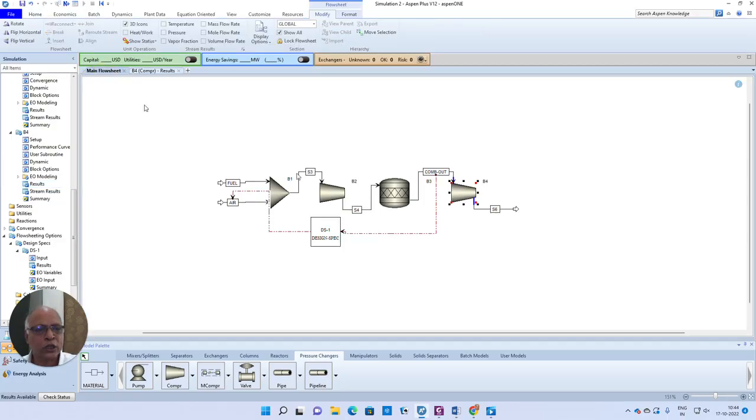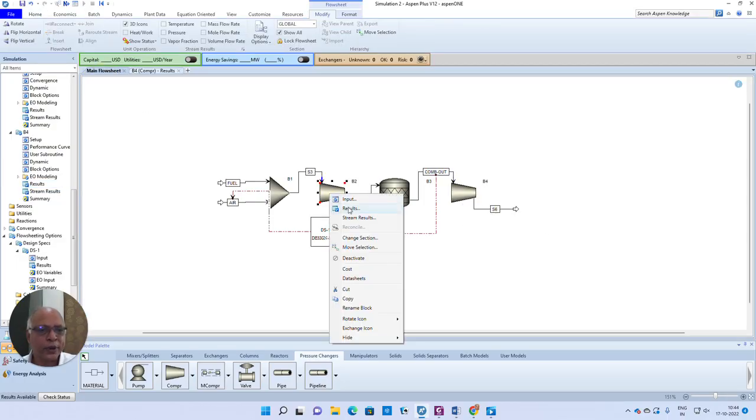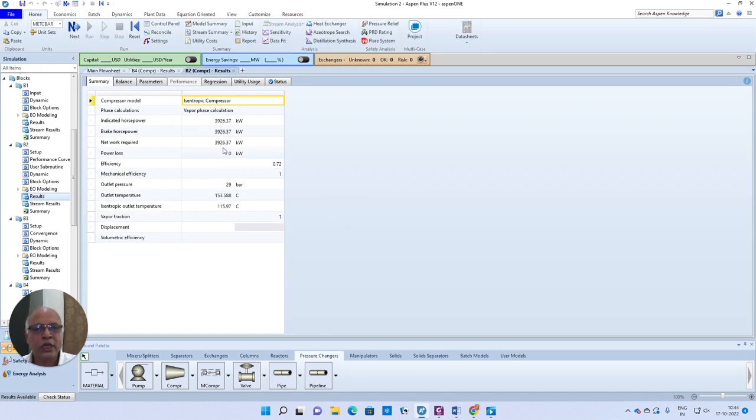Now, in this process of generating energy, we may have to spend some energy in the compressor. This is about 3,926. This has to be input into the compressor because it is positive. So 19,000 odd amount of energy is obtained from the turbine. Part of that is utilized by the compressor.